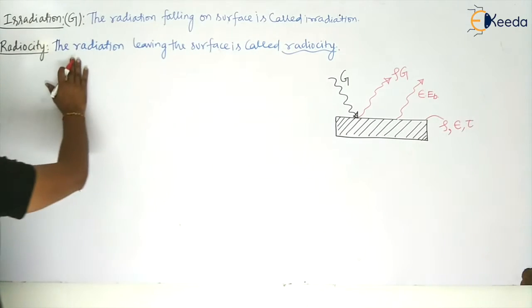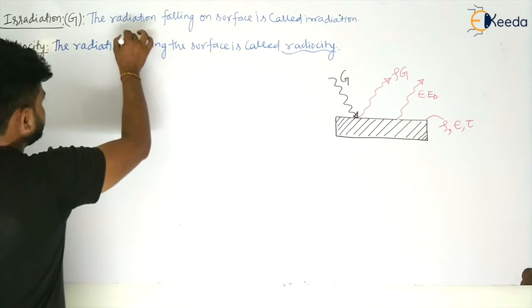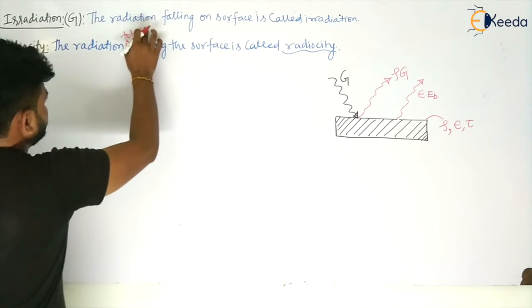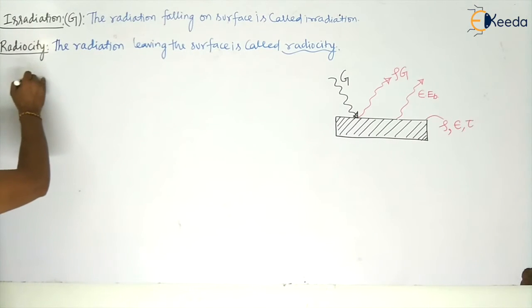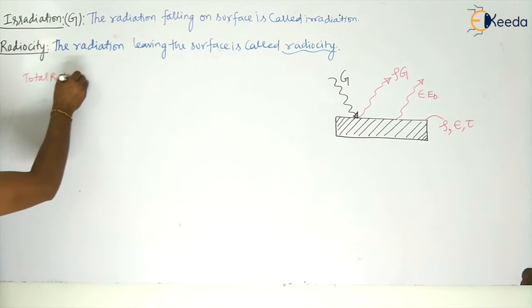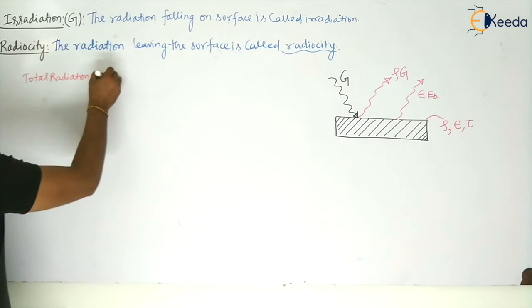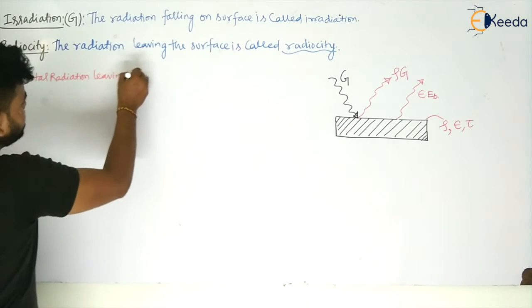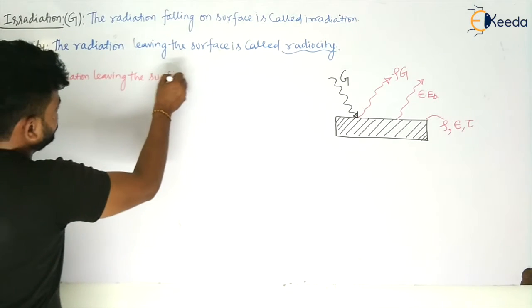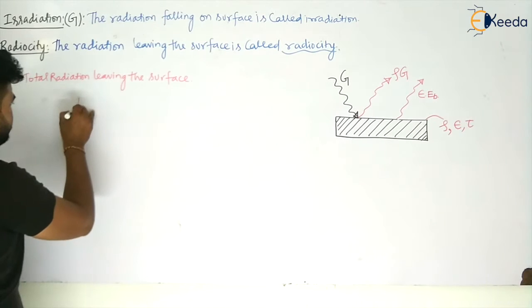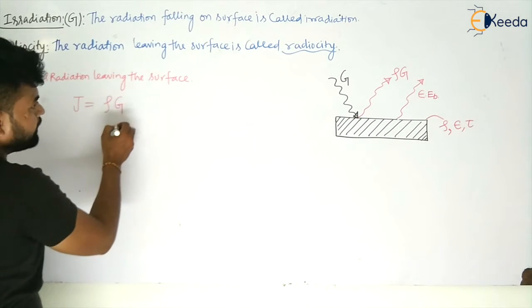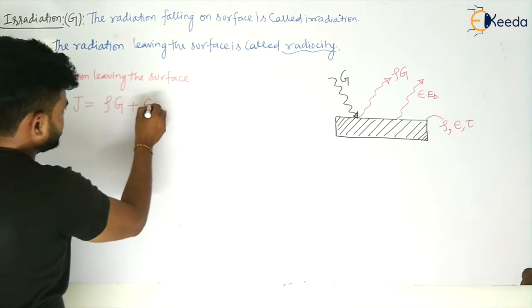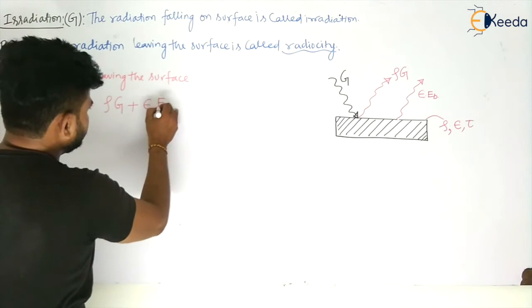So the total radiation leaving the surface is defined by J, and this will be equal to rho into G plus epsilon into EB, my dear students.